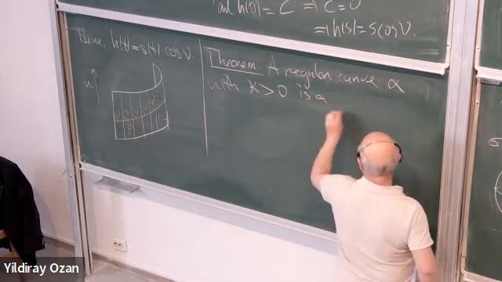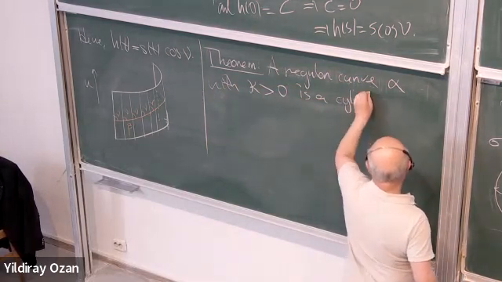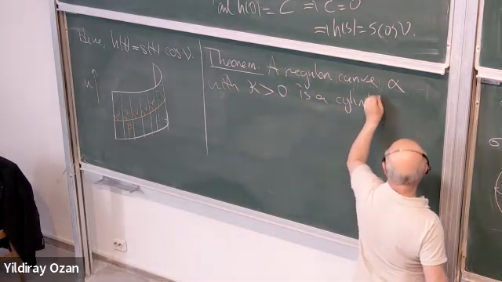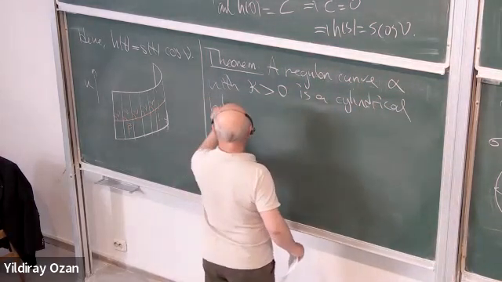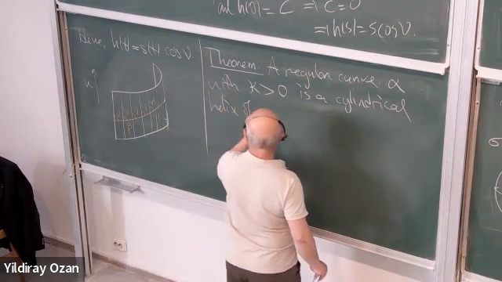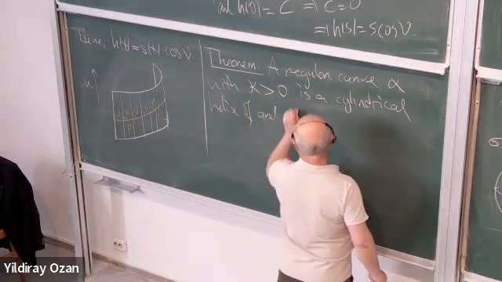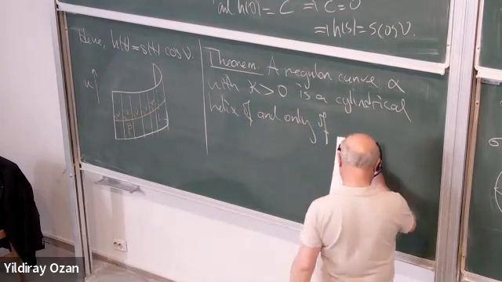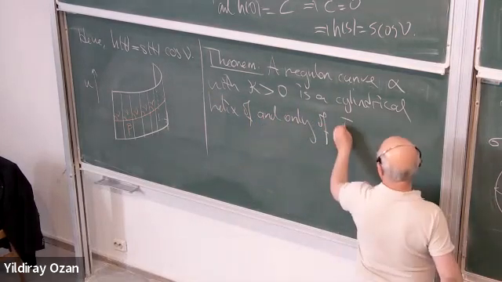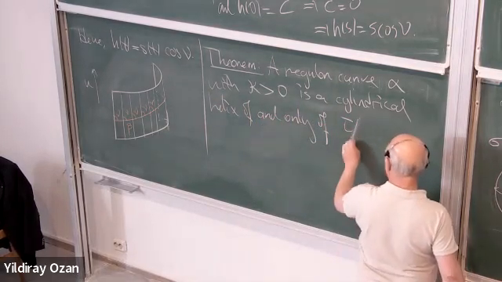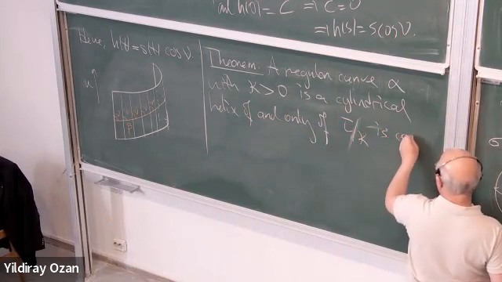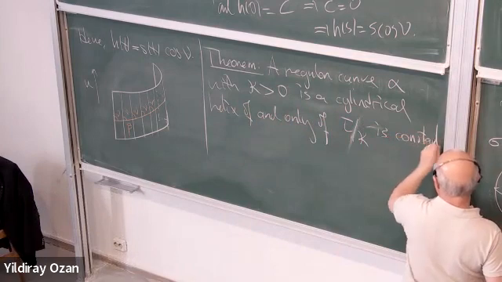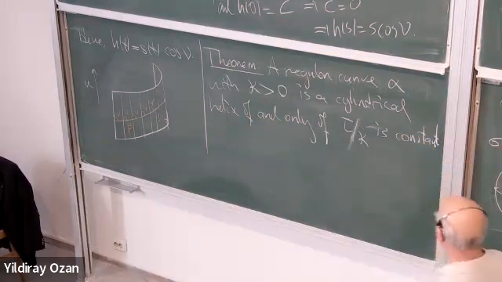It is a cylindrical helix if and only if tau over kappa is constant. So that's the result.